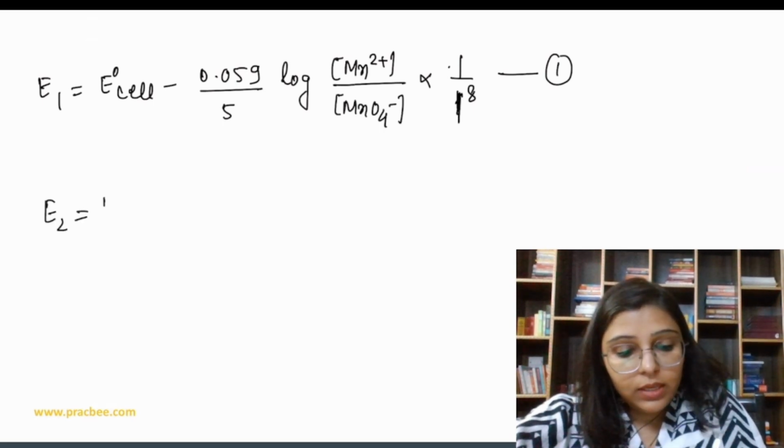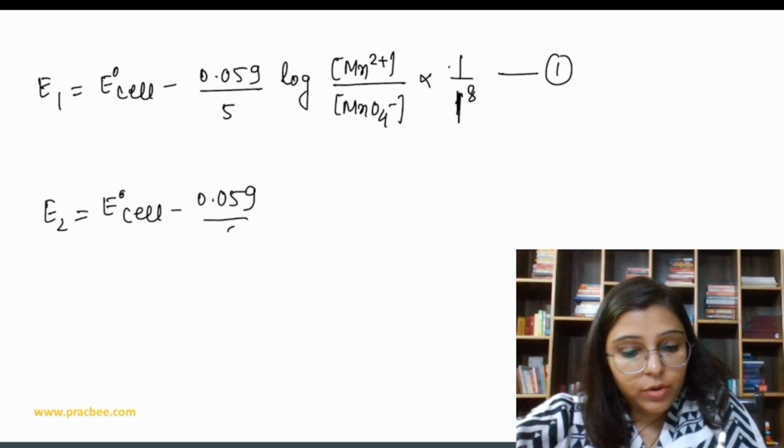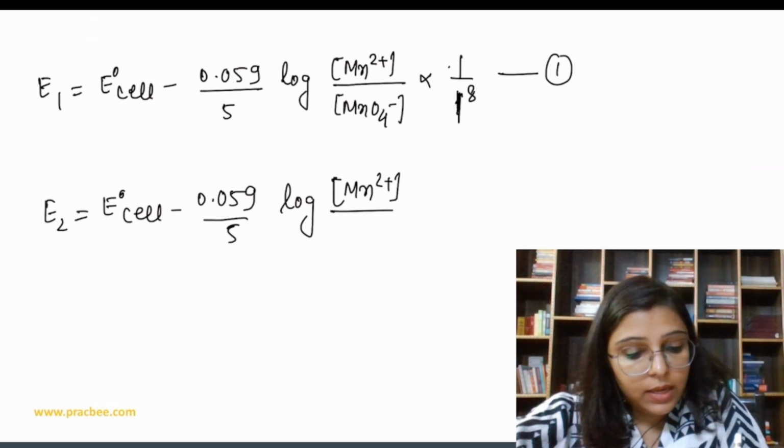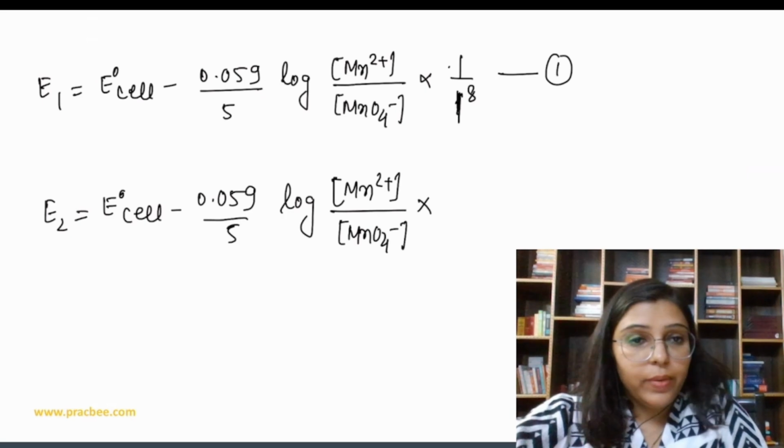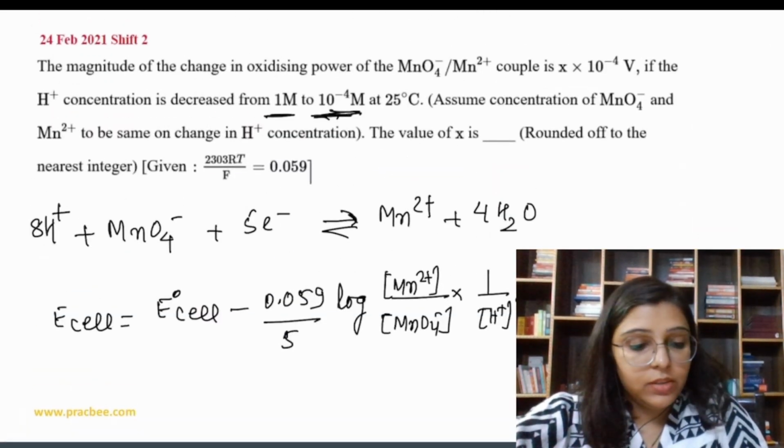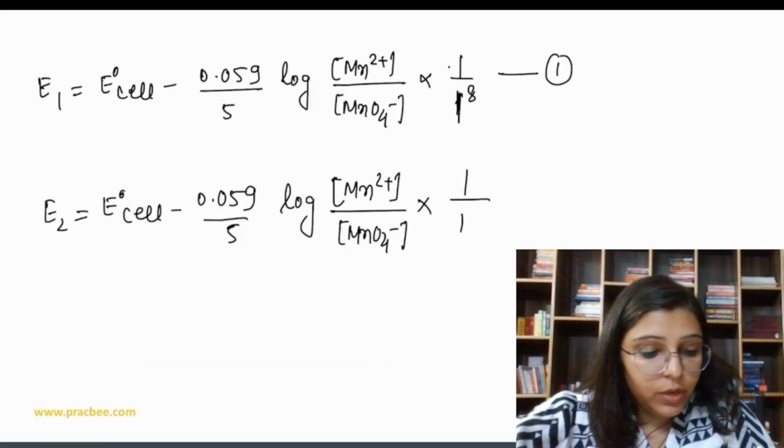Now E2 is E naught cell minus 0.059 upon 5 log of the concentration of Mn2 plus and the concentration of MnO4 minus, and now the H plus concentration is 10 to the power minus 4. So this is 1 upon 10 to the power minus 4, to the power 8.